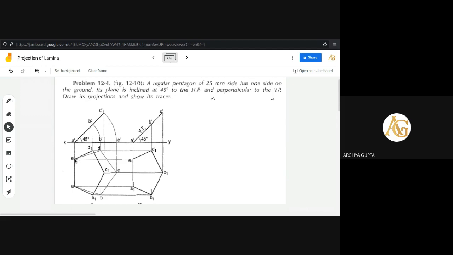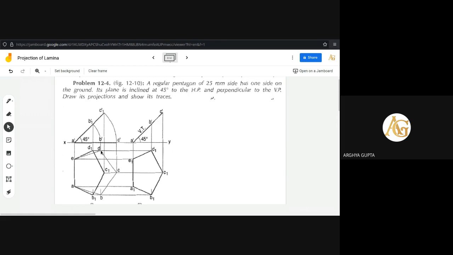You have to draw a perpendicular line first, a perpendicular line of 25 mm length. Then you need to draw a 108 degree angle at one side and at the other side also. So now you have to mark that AB is 25 mm and ED is also 25 mm.